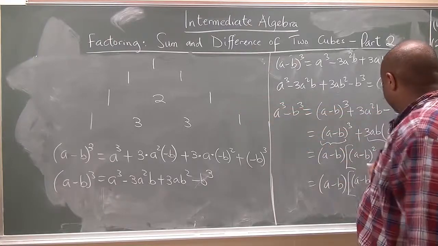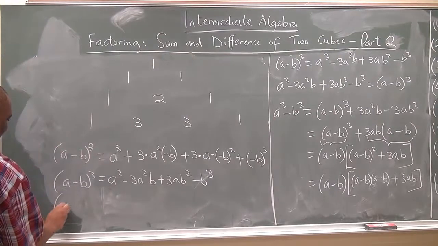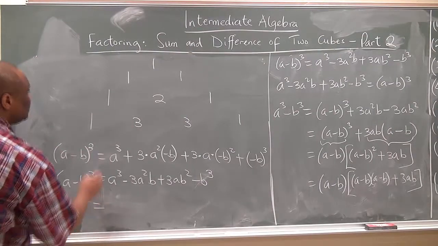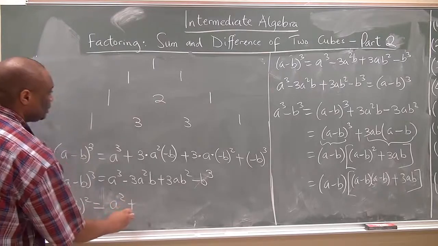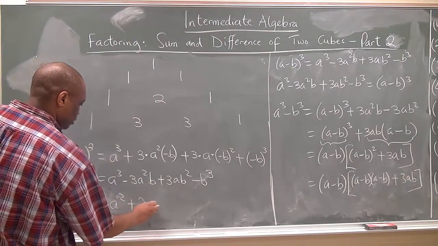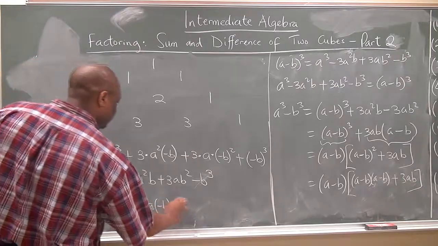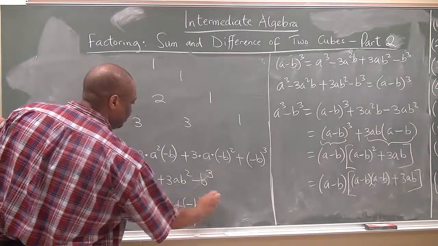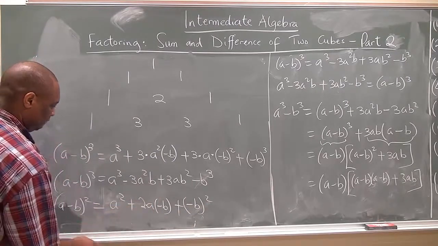And you know what, if you're using Pascal's triangle to get a minus b all squared, we use this row. This is a squared plus 2a times negative b plus negative b all squared. Okay, 2 times a times negative b plus negative b all squared.